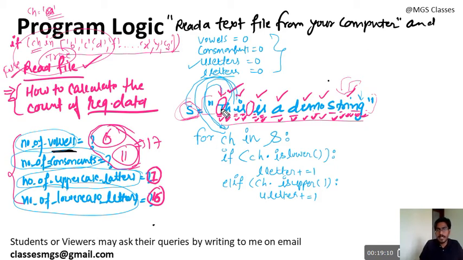Now we will need to check whether a character that is coming is a vowel or consonant. For that purpose, we need not write the elif. If you write an elif, I know that every character will be either lower or upper.